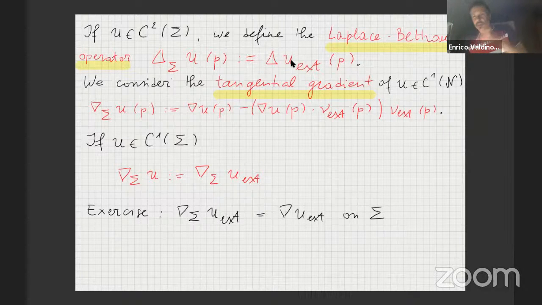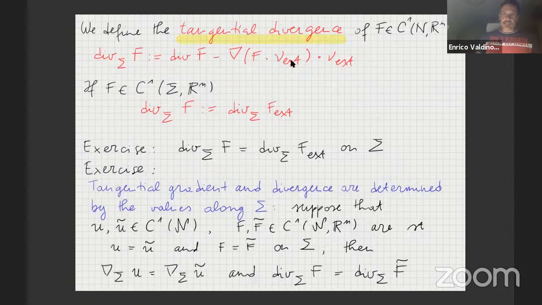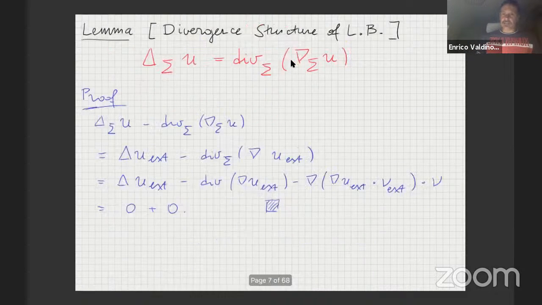If you like differential geometry, this approach is a little bit rough. But if you like analysis, I think it's kind of neat because you basically kill the differentiation over the surface in favor of the most traditional, classical differentiation, okay? And then we discussed how to reconstruct the Laplace-Beltrami operator from the tangential gradient and the tangential divergence.